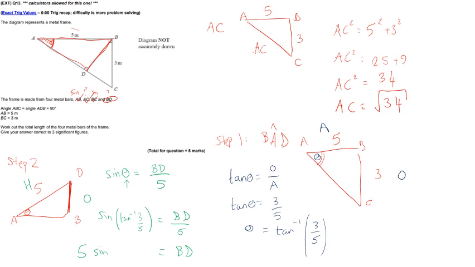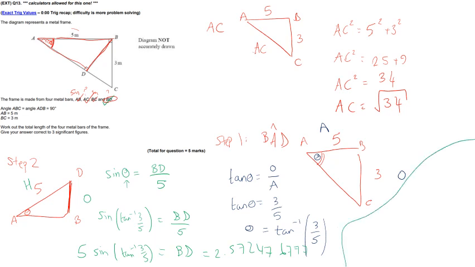BD is the length 5 lots of sine of that decimal there, which when you type it into your calculator, you should get 2.57247677 and so on.